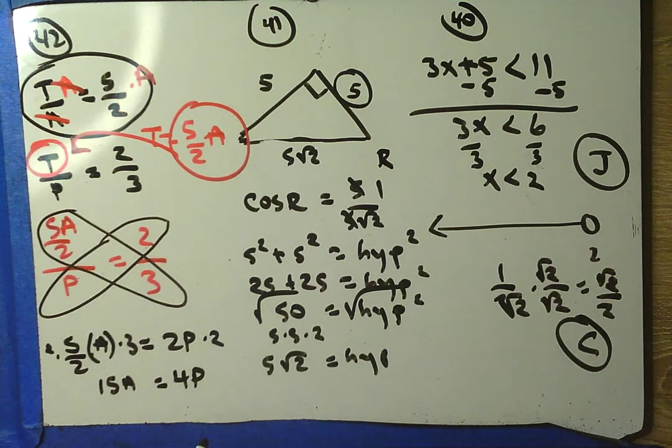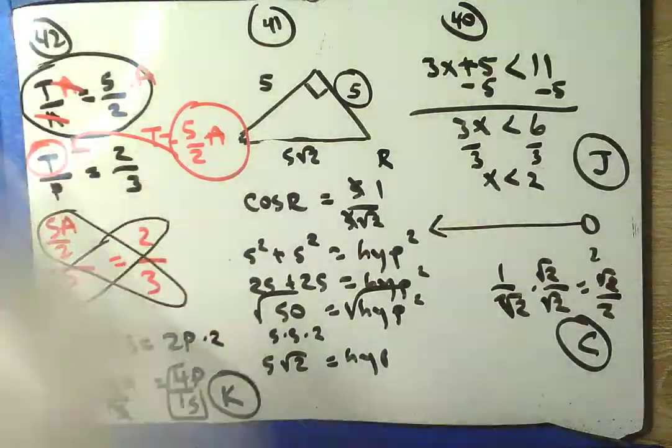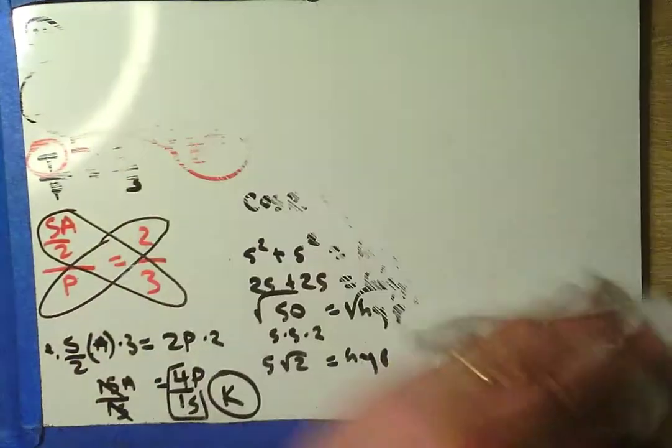So my ratio, and we want the ratio of angelfish to puffers. Well, if I divide both sides by 15, I get the ratio of angelfish to puffers is 4:15. So that's choice K for number 42. Okay, let's take a look at 43.